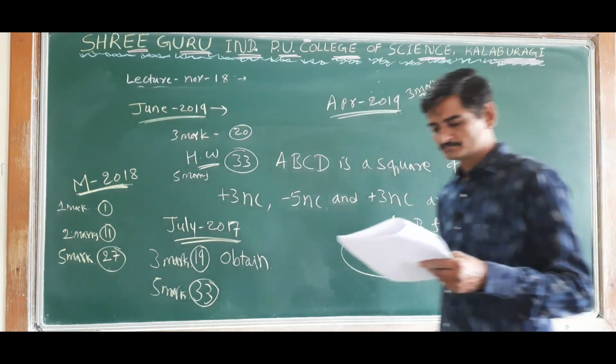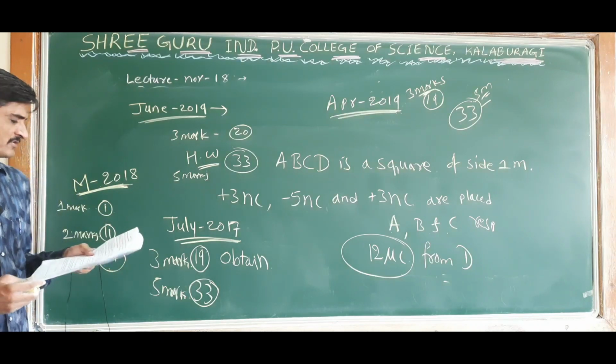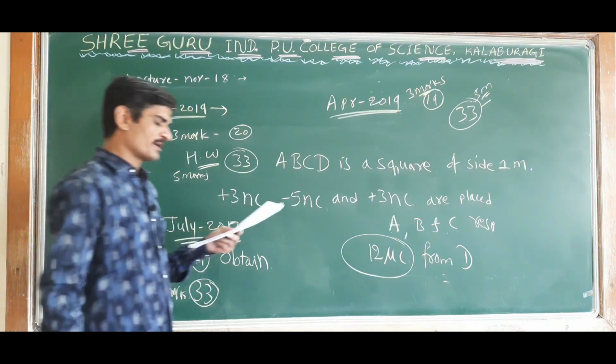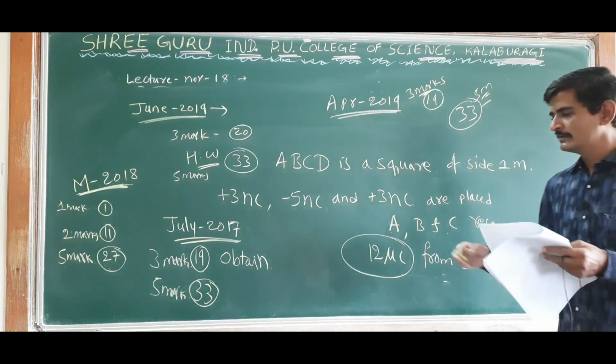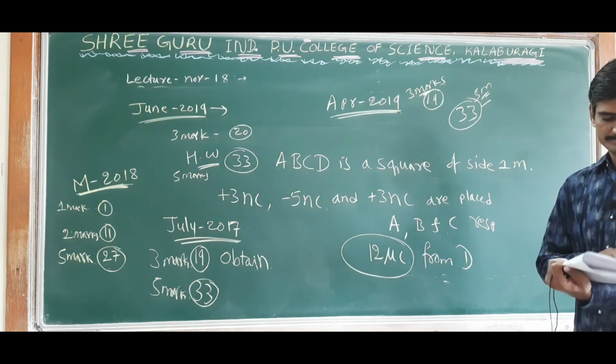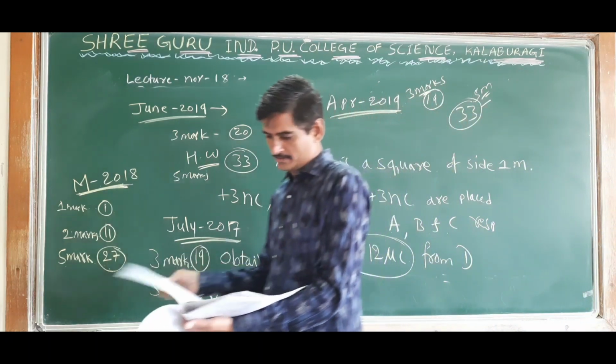The absolute permittivity of free space is equal to 8.85 into 10 to the power minus 12 farad per meter. Such kinds of numericals we have already solved. This is for 5 marks.